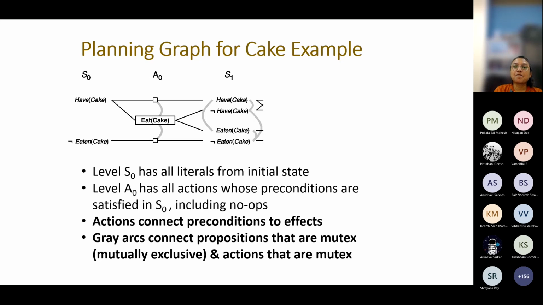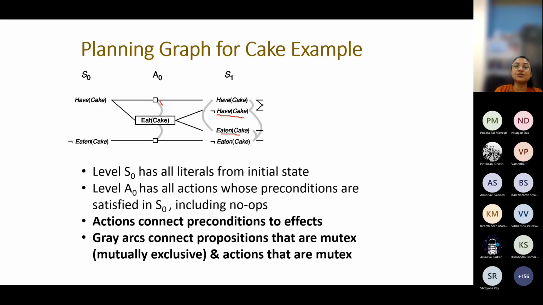Now, what is the effect of eat cake? The effect of eat cake is not have cake and eaten cake. Now, eaten cake and not eaten cake are mutex. Have cake and not have cake are mutex. Also, you note that eat cake achieves not have cake, and you notice that eat cake and this maintenance action are mutex.